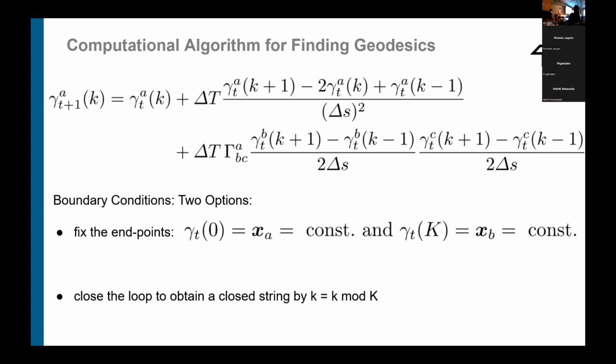And if we want to find closed ones, we just connect the last point back to the first. So also this is simple, but it has to be taken into account in the equations here, right? So you have to take care that index 0 is fixed, for instance, or that index 0 is index K, if you have the closed string.